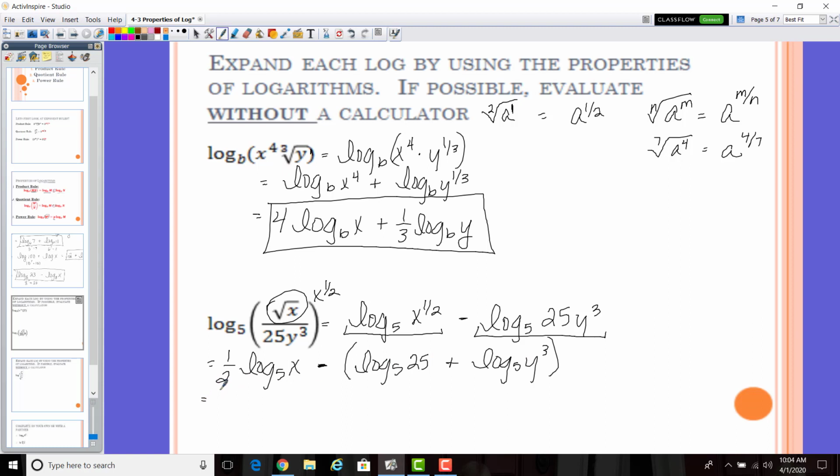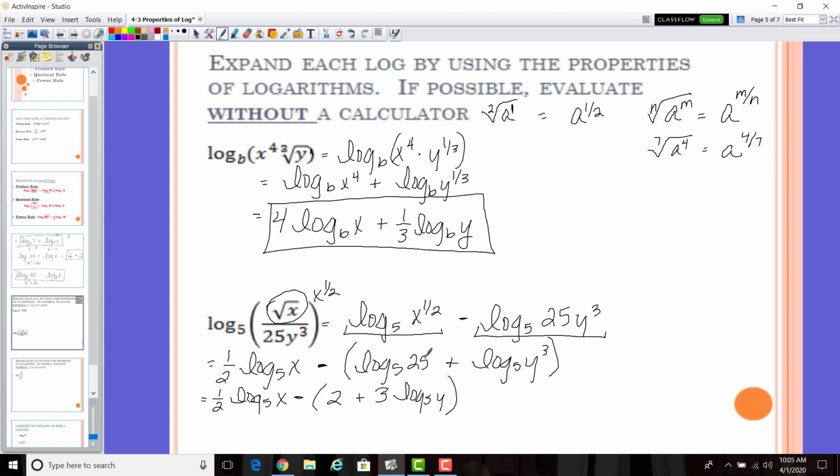I can't do anything here because I have just an x there. I've already expanded using the product and the power rule. So 1/2 log base 5 of x minus, subtraction, or parenthesis, log base 5 of 25 equals 2 because 5 squared equals 25, plus, pull the 3 down using the power rule, log base 5 of y.